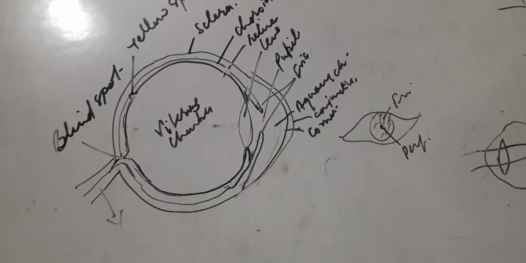When you pass from a brightly lighted area to a dark room, you feel difficulty seeing the objects there. So what happens? Slowly your vision improves.